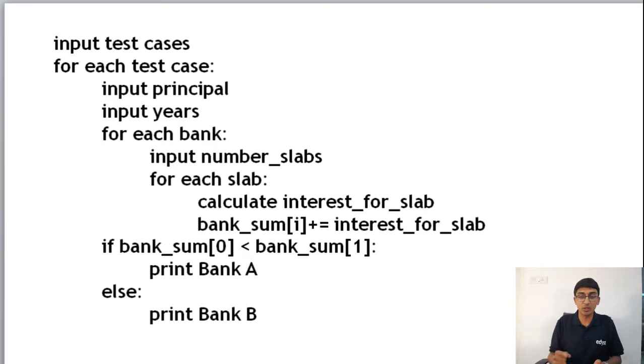For example, over here, I could have substituted the number of slabs value, the calculate interest for slab value, the principal amount. We could have input all of those things and check where we are going wrong. Okay, so make sure you are ready to do that. You will not get everything in your first attempt, but you should know how to debug it.